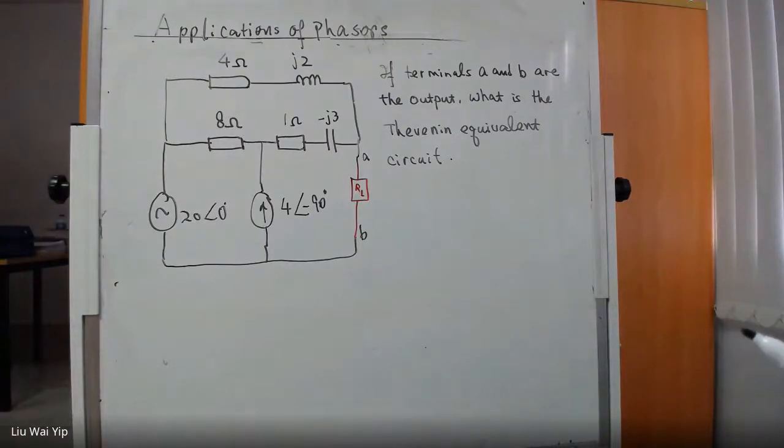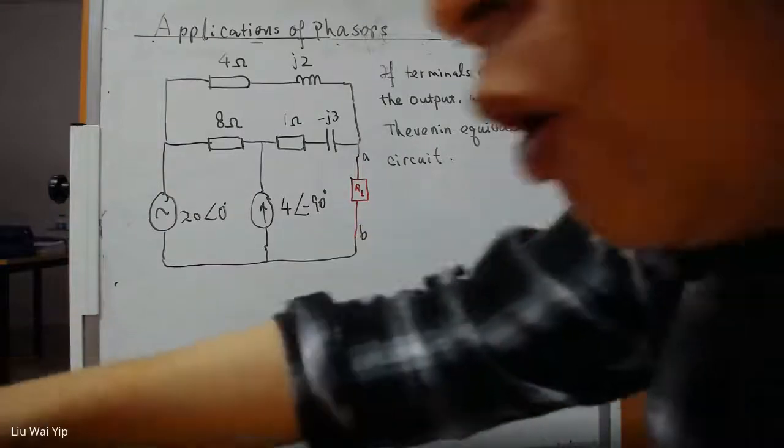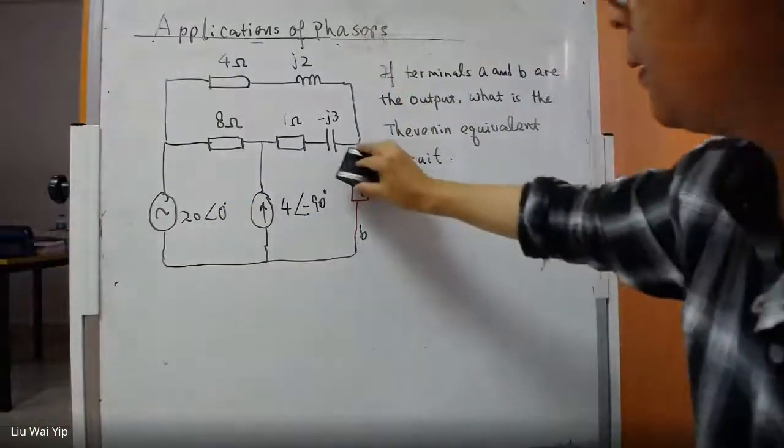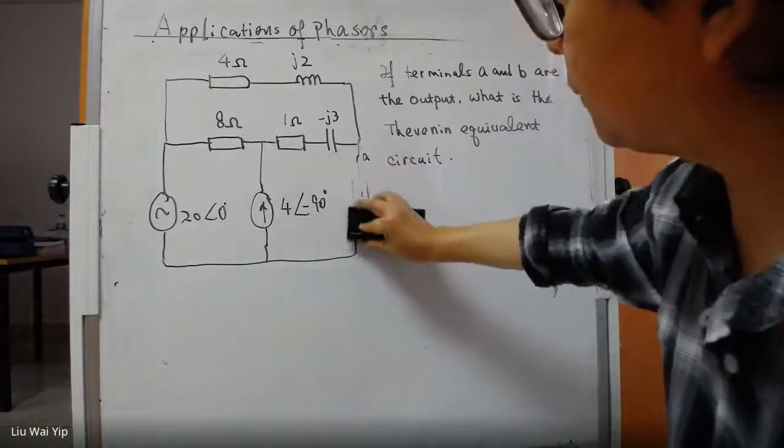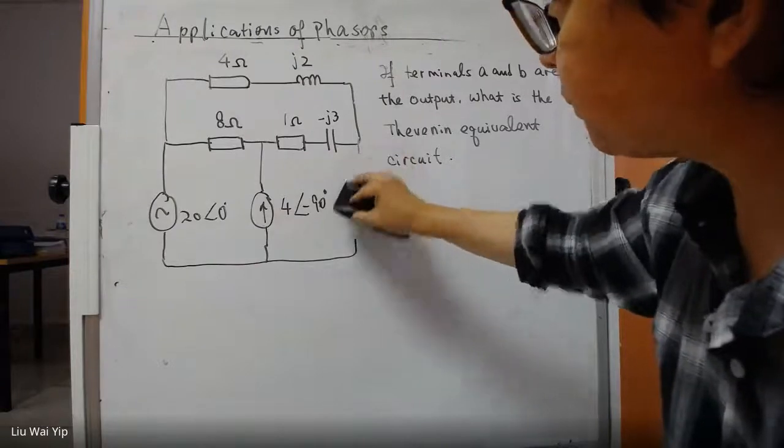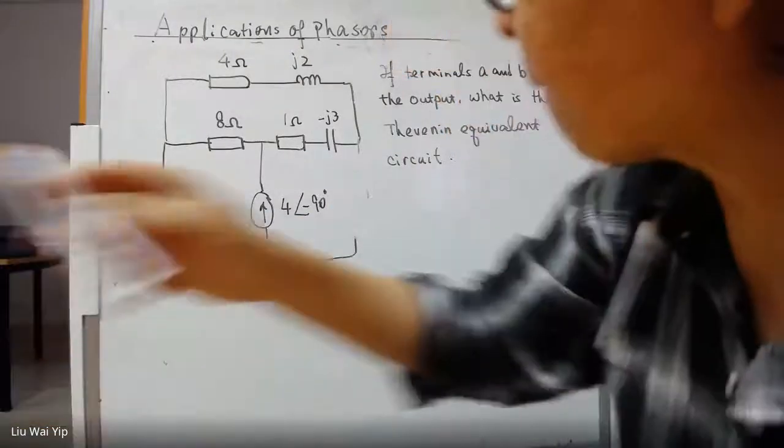resistors. Now, to begin with, the first step is to open circuit terminals A and B. So we are going to do it now. Open circuit, this is the first step.